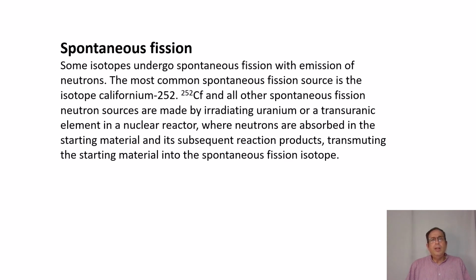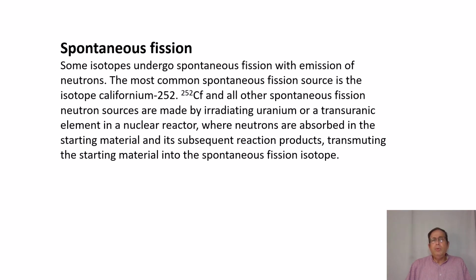Some isotopes undergo spontaneous fission with emission of neutrons. So the most common spontaneous fission source is isotope californium-252. So californium-252 and all other spontaneous fission neutron sources are made by irradiating uranium or transuranic elements in a nuclear reactor.